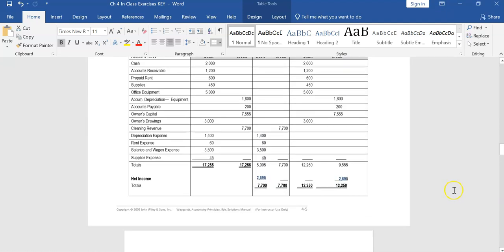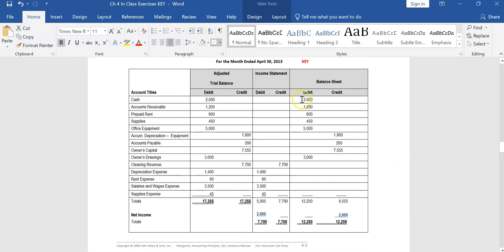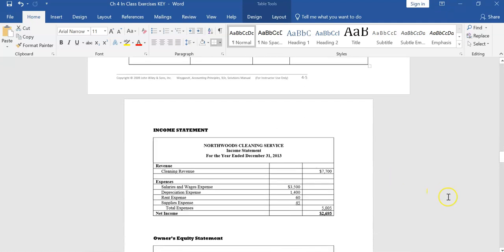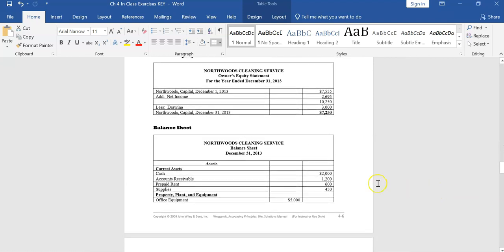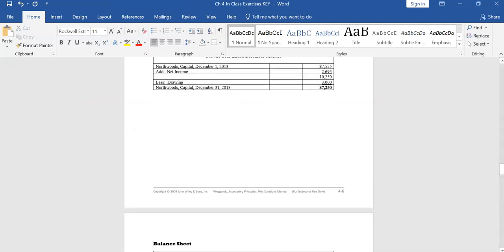Next, we prepare the balance sheet. This is where we report our assets, less the contra asset accounts, our liability, and our ending owner's capital account. Here are the assets. And actually, let me put this all onto one page so it's easier to see.